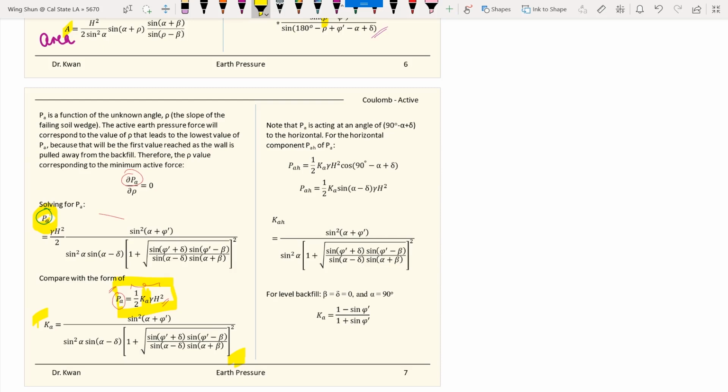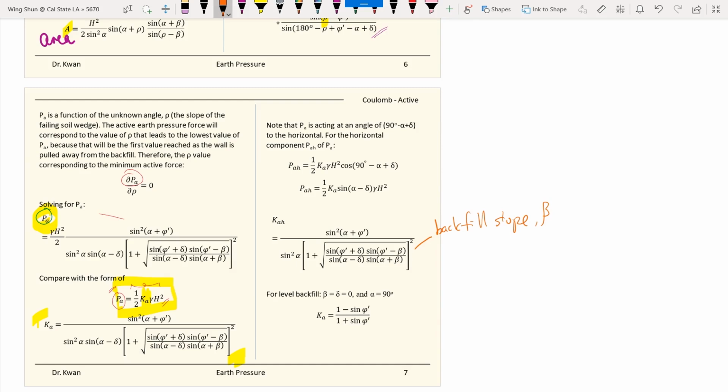This is our generalized K form, which means you also have the backfill slope with the angle beta, and other terms. Then this is our Ka, the active earth pressure in the horizontal direction.